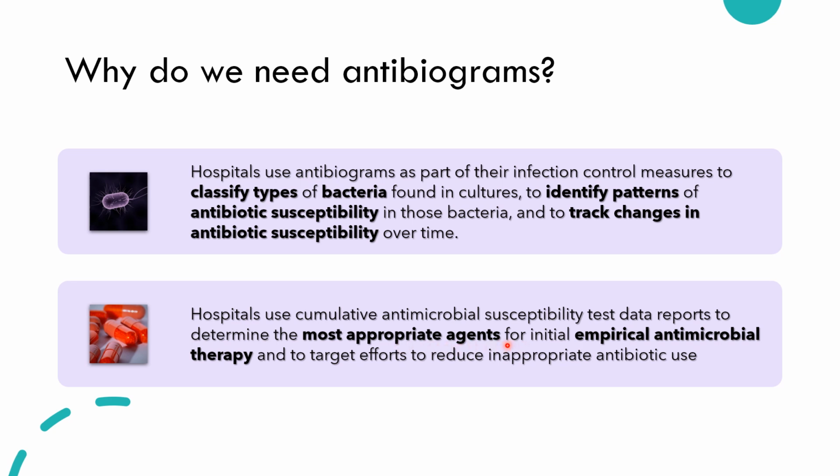The agents used are usually the antimicrobials used in empirical therapy, so as to help select empirical antimicrobials and reduce inappropriate antibiotic use. So in brief, on one side it's classifying bacteria, patterns, susceptibility and the changes, and on the other side the use of cumulative antimicrobial susceptibility to help in selecting agents for initial empirical antimicrobial therapy.